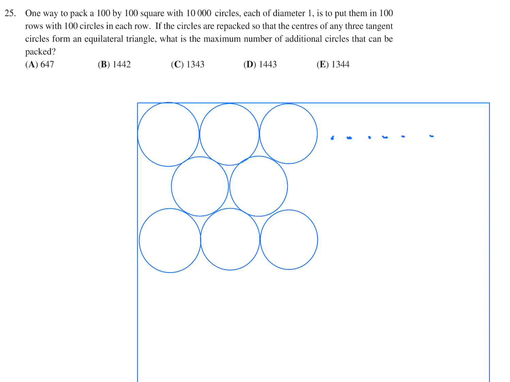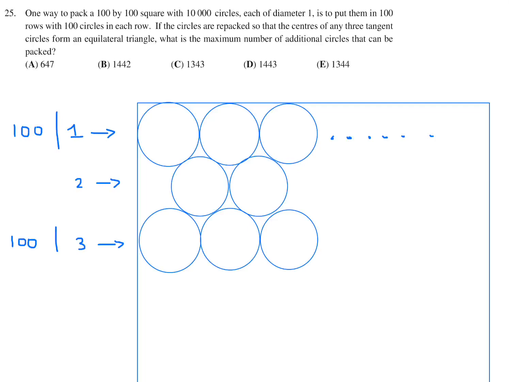I'm obviously not going to draw all the circles. So this is the first row, this is the second row, third row, and so on. Now the first row horizontally is exactly the same. Nothing has happened. So there's still going to be 100 circles in that first row. The third row, same thing. Horizontally, nothing has changed. It's going to have 100 circles.